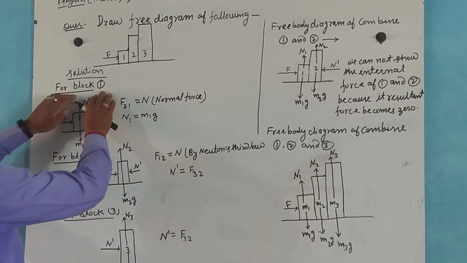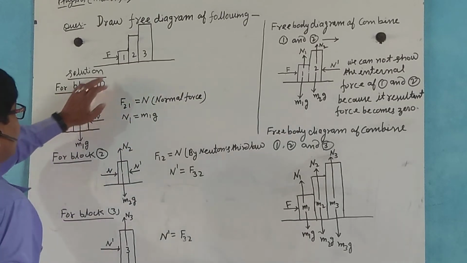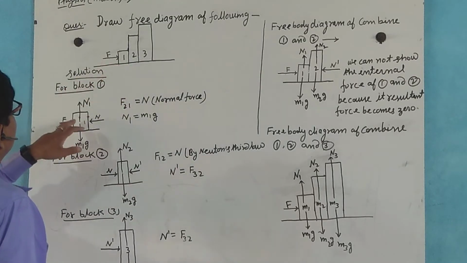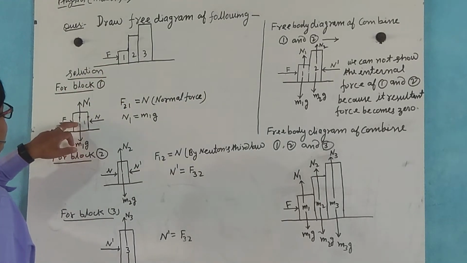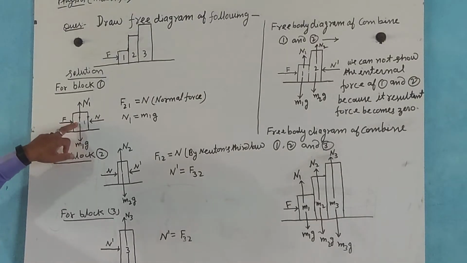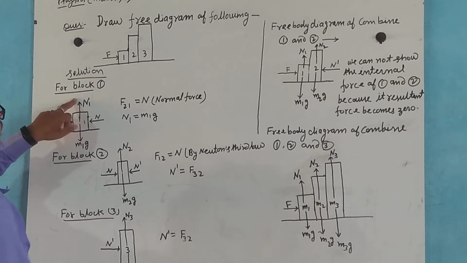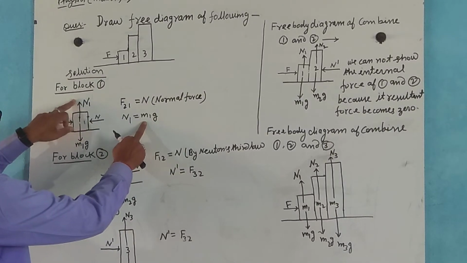Now for the free body diagram of block 1, this is the force on block 1, with mass m1, so the weight acts downward, m1g. The normal force N1 acts in the upward direction, N1 is equal to m1g.